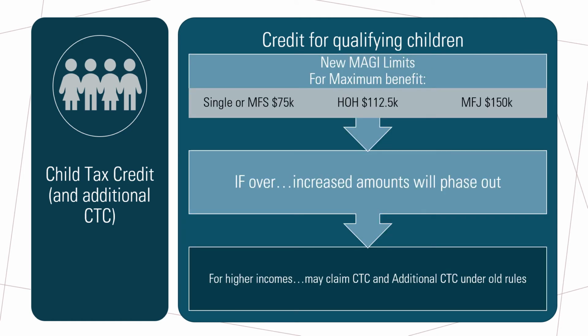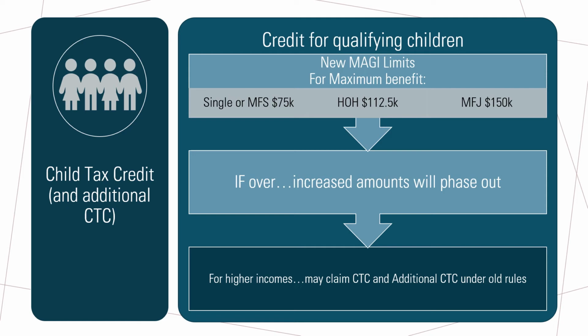Now, the child tax credit has always had some phase-out limits based on modified adjusted gross income. And we talked a little bit about that in our adjustments lesson. You know, you take your AGI and you make some modifications to it, probably some additions in, and that gives you a modified adjusted gross income, or MAGI. I'm not going to go into what all those modifications are.